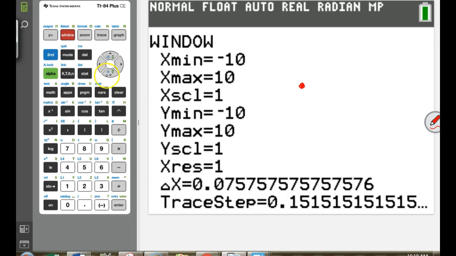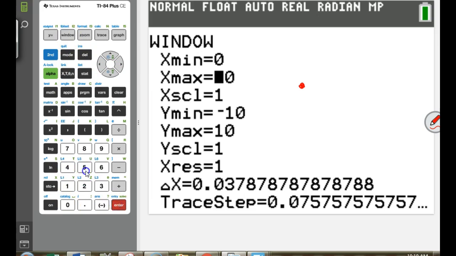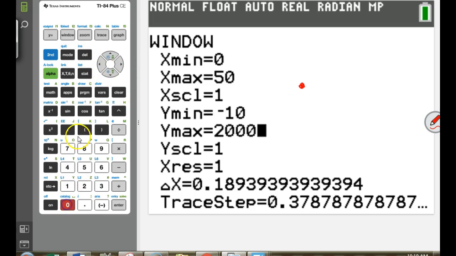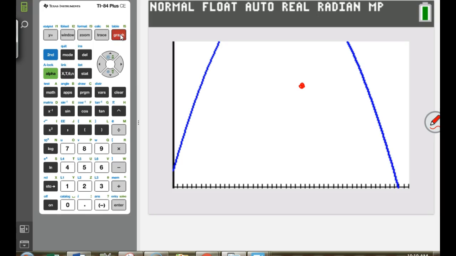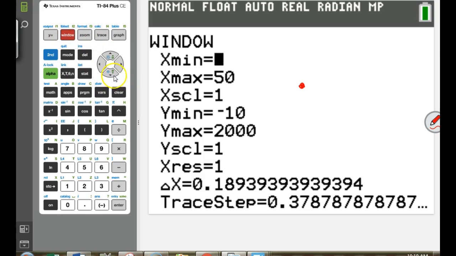Okay, I'm going to say 0 to 50. And I'm going to go up to 2,000. I don't have any idea. This is going to be too small, too big. Okay, well, really good on the 50 Hofbauer. Nice guess.